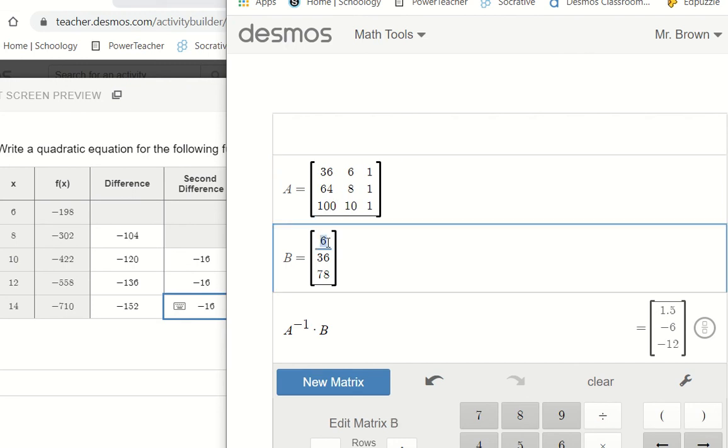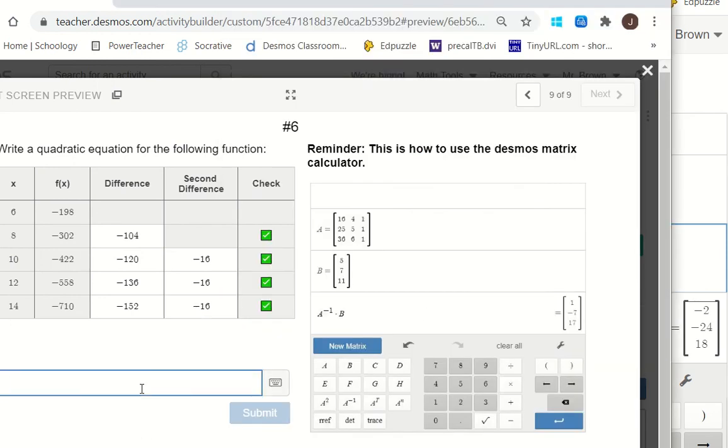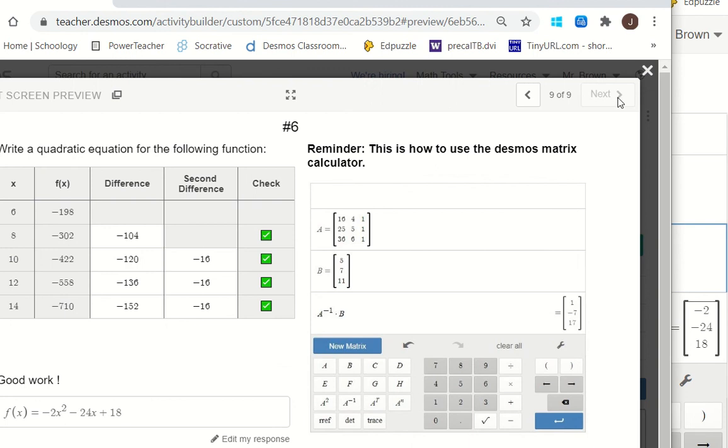And this is going to be negative 198, negative 302, negative 422. So negative 2, negative 24, and 18. Bingo. And I'm done.